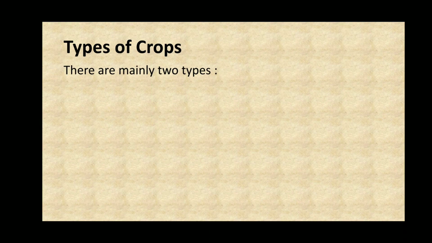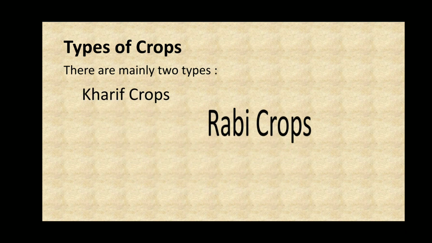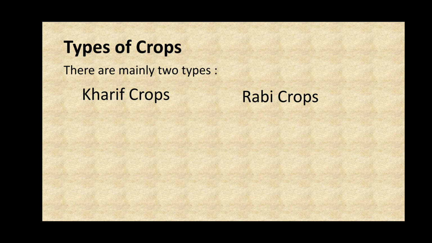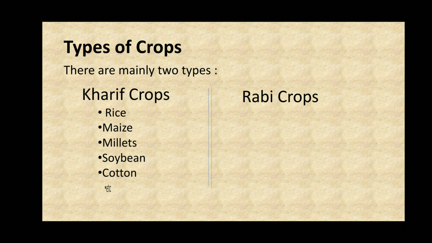So now crops are classified into 2 types. Those are the kharif crops and the rabi crops. Now first let's know some examples of these crops, then we'll go for the further differentiation. So the kharif crops contain rice or paddy, maize, millets, soya bean, cotton, and there are many more.